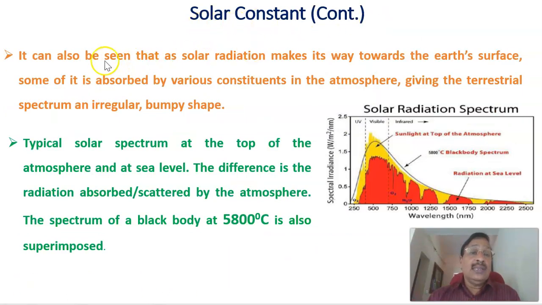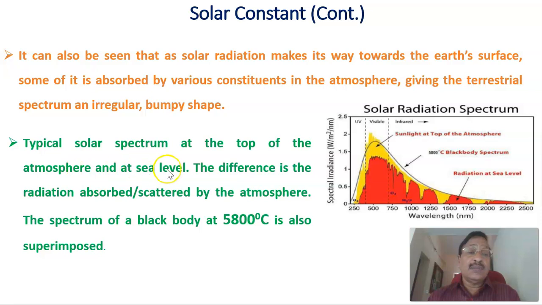Continuing with the solar constant, it can also be seen that as solar radiation makes its way towards the Earth's surface, some of it is absorbed by various constituents in the atmosphere, giving the terrestrial spectrum an irregular bumpy shape. That is the typical solar spectrum.